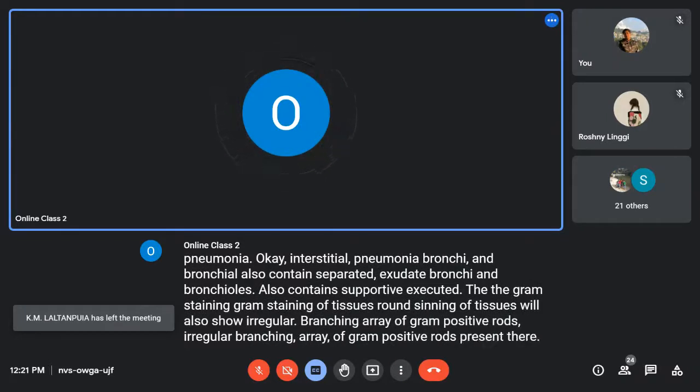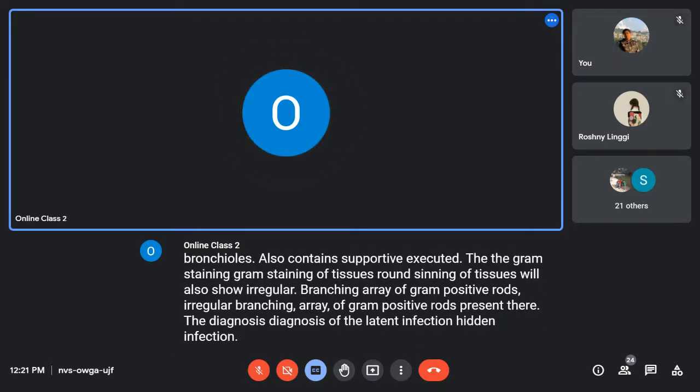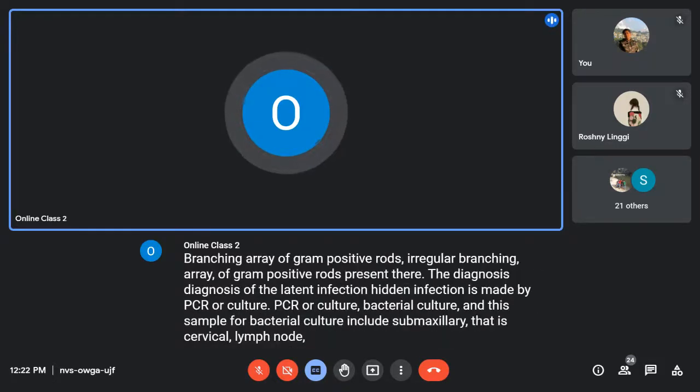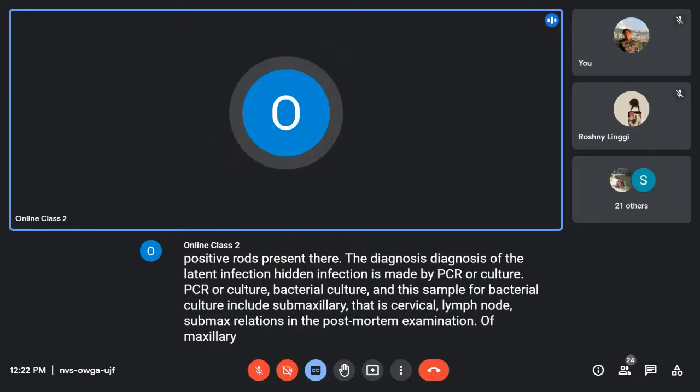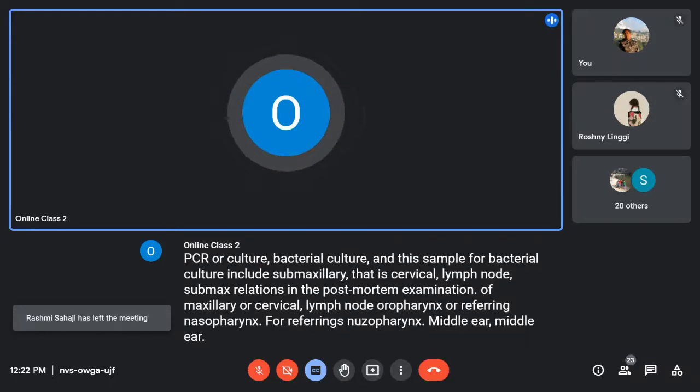The diagnosis of the latent infection, hidden infection, is made by PCR or culture. Bacterial culture samples include the submaxillary, that is cervical lymph node, at postmortem examination, oropharynx, nasopharynx, middle ear, preputial glands, and feces.